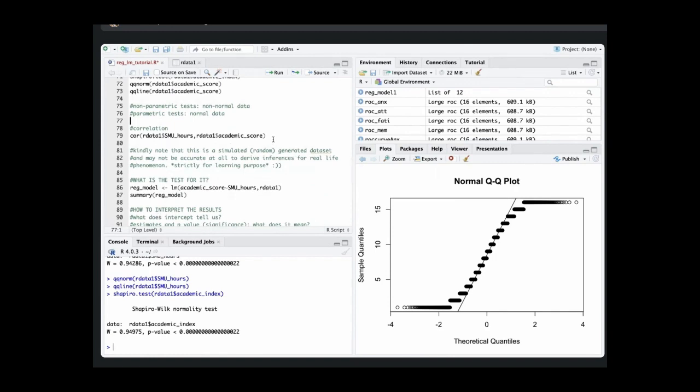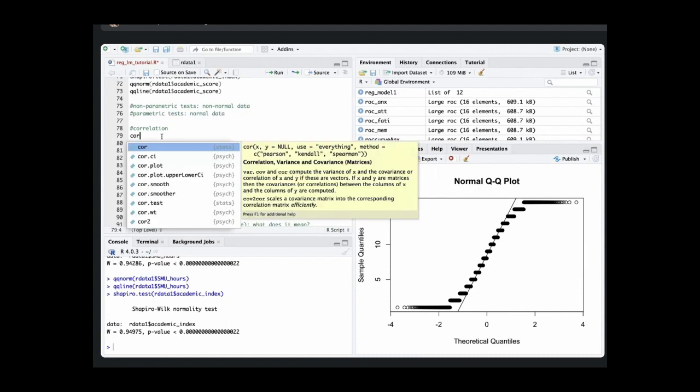Now, the third thing that we need to know is that before running your linear regression tests in R, it is very important to do a correlation test first, right? So a correlation test is most of the time a precursor to your regression. There are a couple of ways in which I do this in R. One way is just writing cor, which represents correlation, and R is going to show you that there is a function that exists by this name.